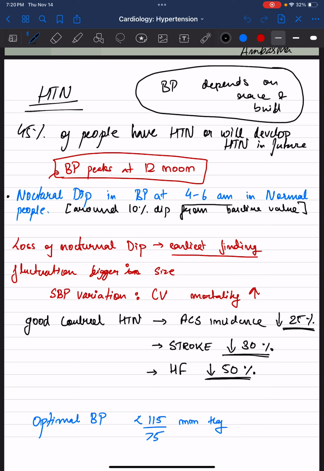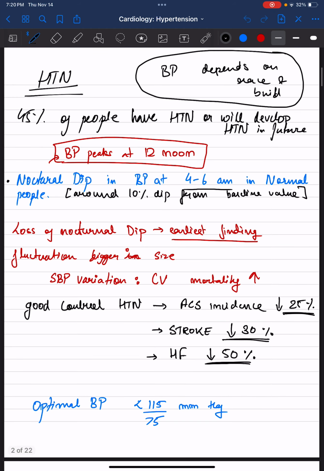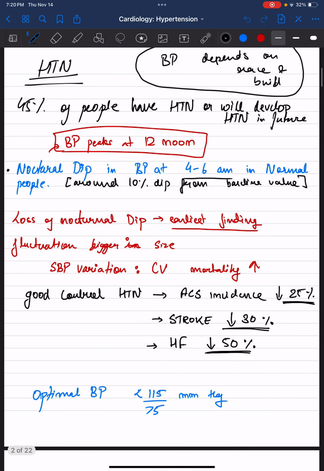If someone is really tall or really short, their BP will be different, not a big difference, but it will be different. And the same for different races like Caucasian, African, Asian, and so on. 45% of the people have hypertension or will develop hypertension in future.